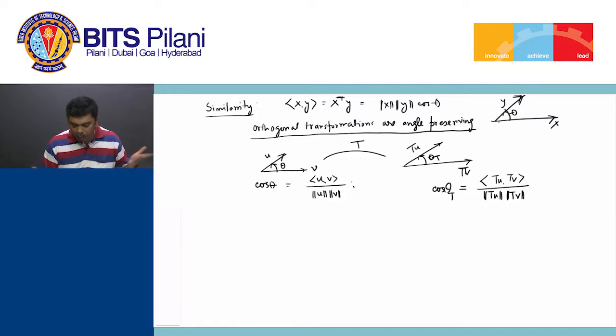In what way can we show that? The only way is to show that the inner product of Tu and Tv is equivalent to the inner product of u and v, and the norm of Tu is equal to the norm of u. That's it. But what do we know about this T? We know that it is orthogonal.